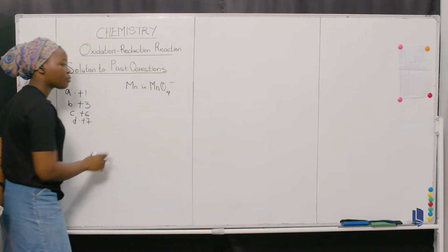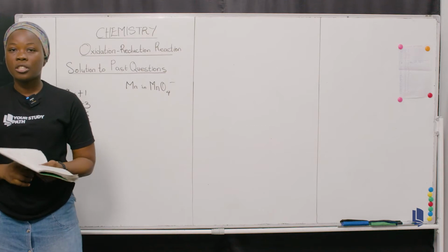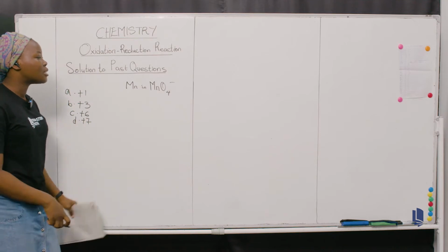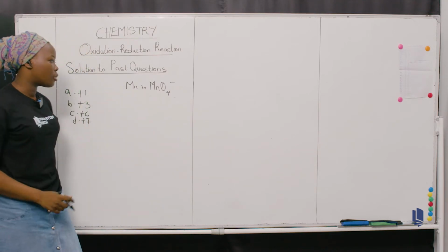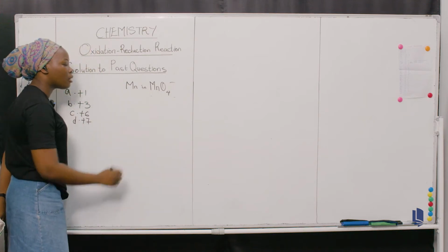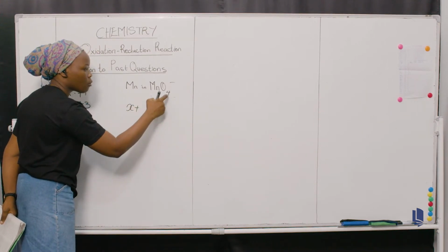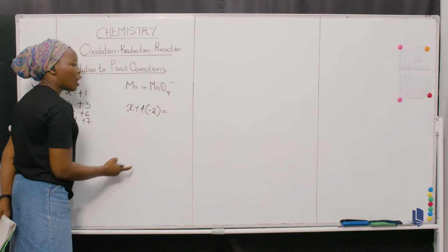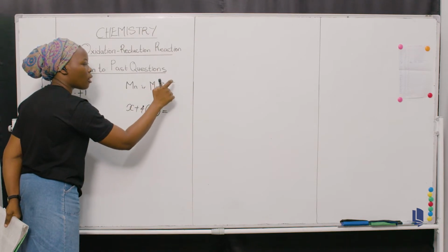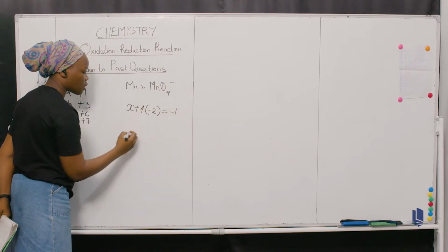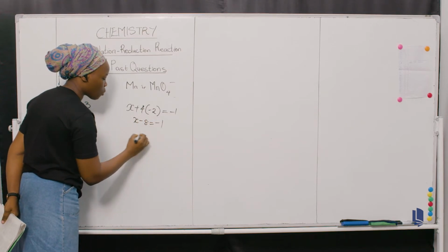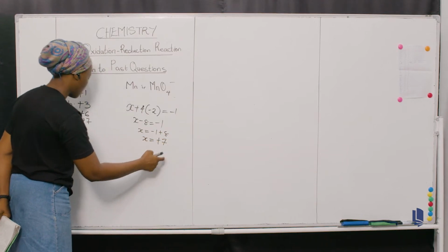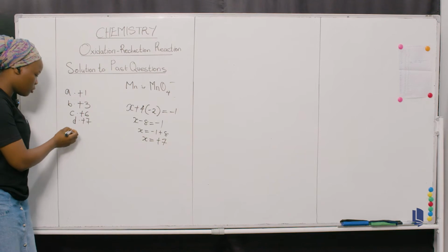Last class I spoke about assigning oxidation numbers, and we know this is a polyatomic ion. To calculate the oxidation number of Mn, we assign it X plus 4 of oxygen, 4 into bracket. Oxygen in this state is -2, and the charge for this ion is -1. So X minus 8 equals -1, X equals -1 plus 8, X equals +7. That tallies with option D.